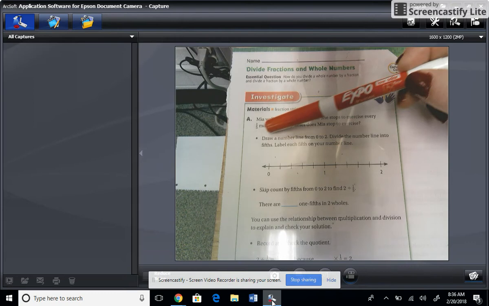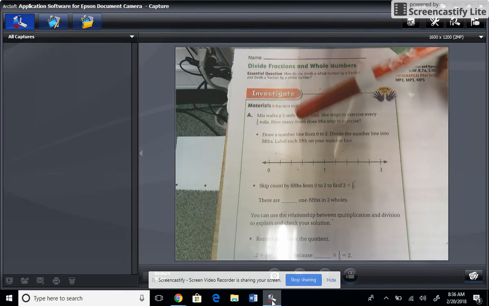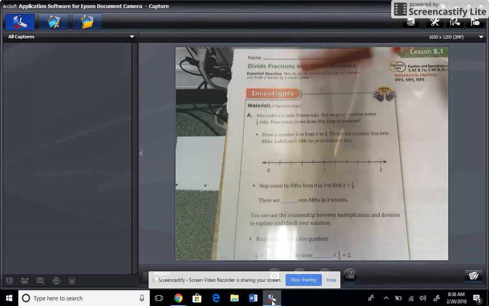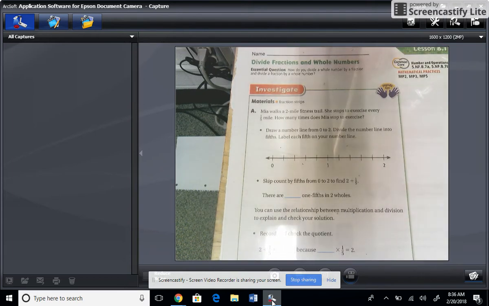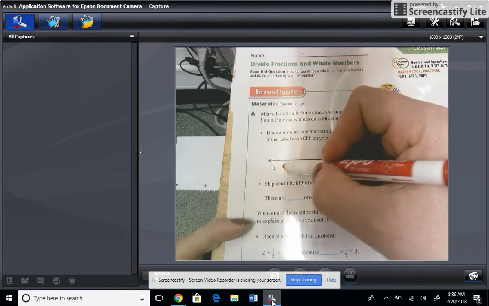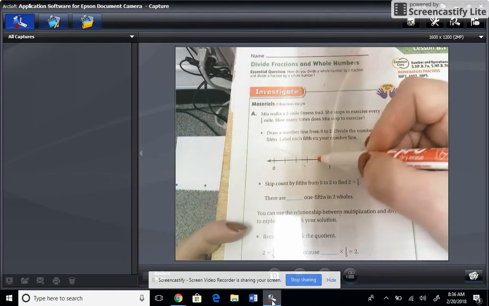So they drew a number line for us from 0 to 2 because it's 2 miles, and they divided it into fifths because she stopped every fifth. So this is 1/5, this is 2/5, 3/5, 4/5, 5/5.